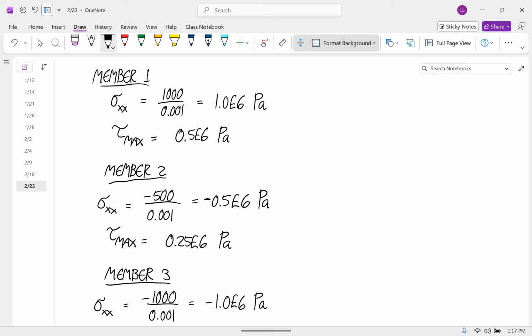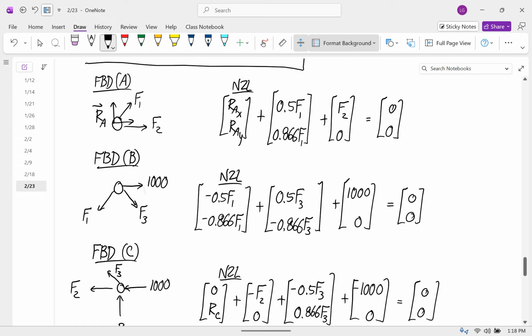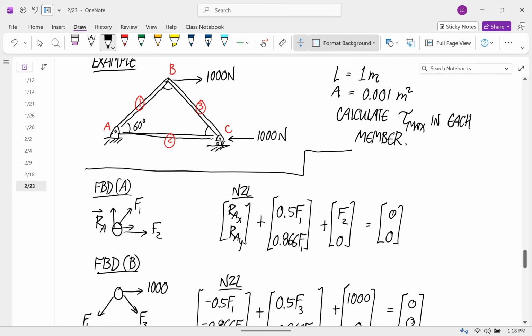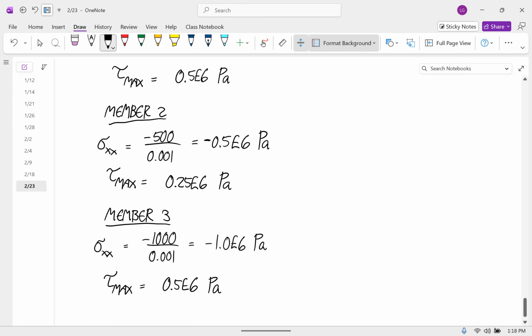Can you see that? Yeah, the one with the lowest. This is the one with the lowest maximum shear stress, and so that's the one you're most concerned about breaking in this configuration. Number 2, because it has the lowest. Okay, that's all.